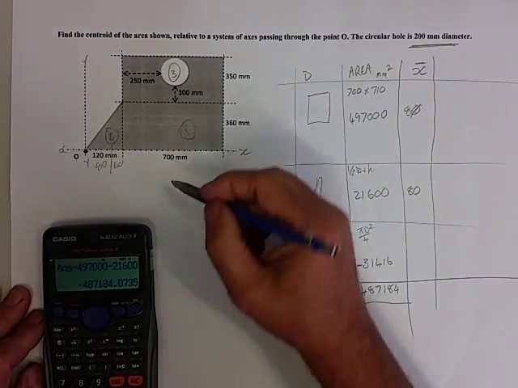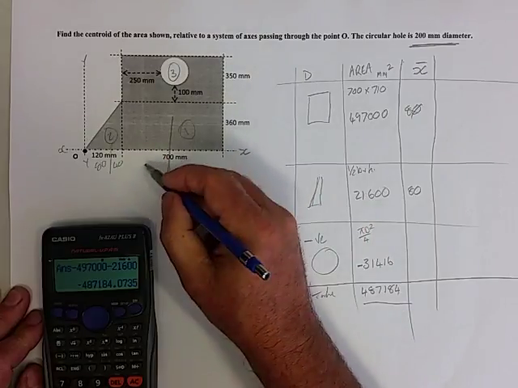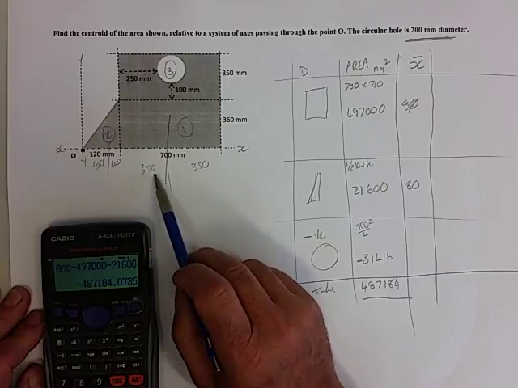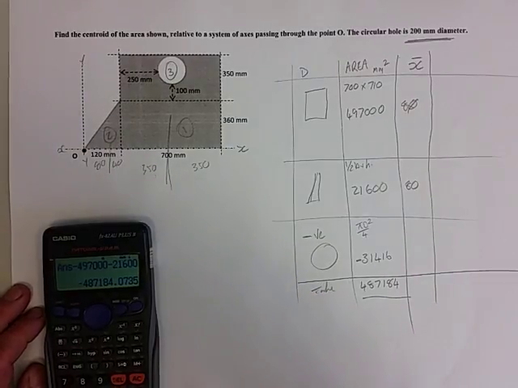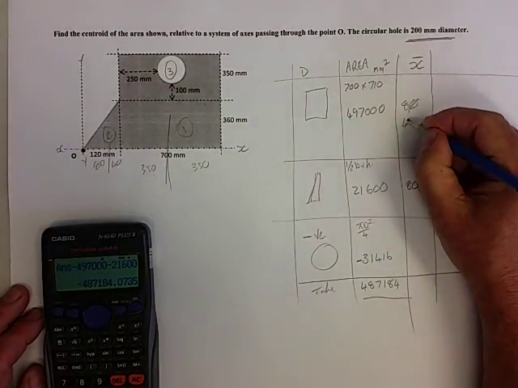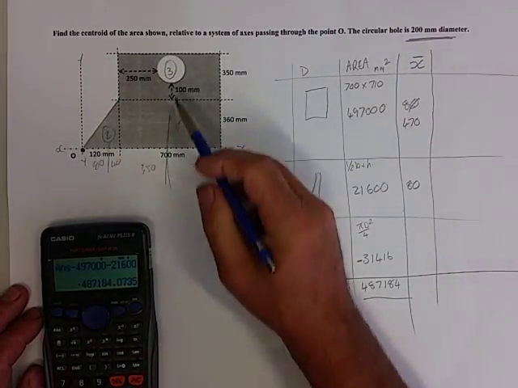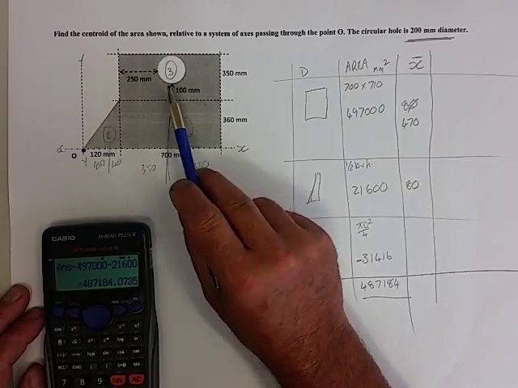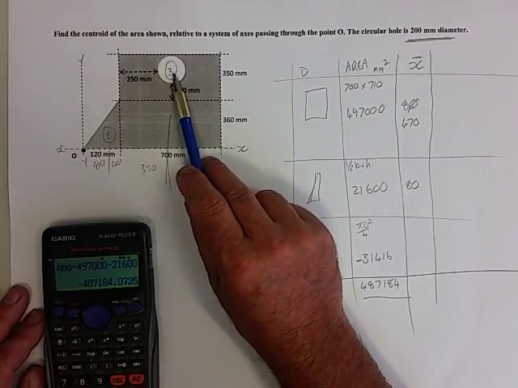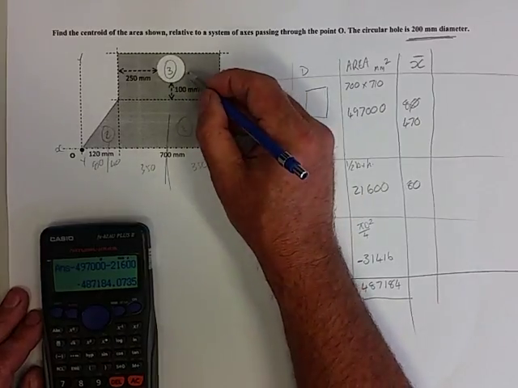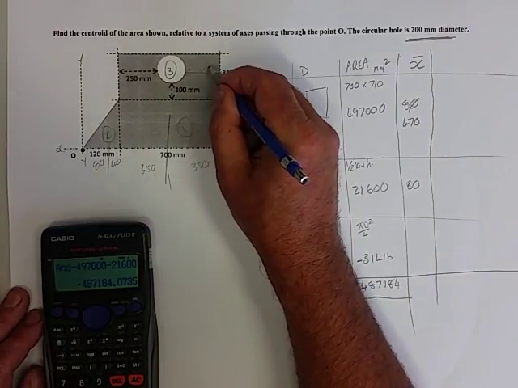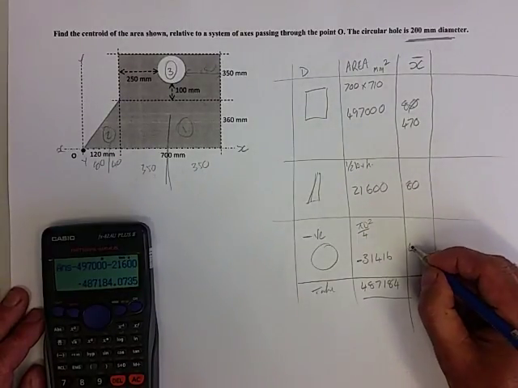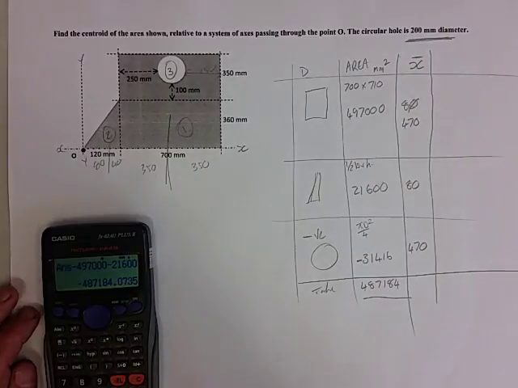Moving to the rectangle, that would be 350 and 350, so from our datum point, we've got 350 plus 120, which is 470. And our circle, I'm trusting, is on the same point: that's 700 across, so we've got 250, 200 is 450, which would leave 250 on this side, so that's also at the same point as the rectangle, which is 470.